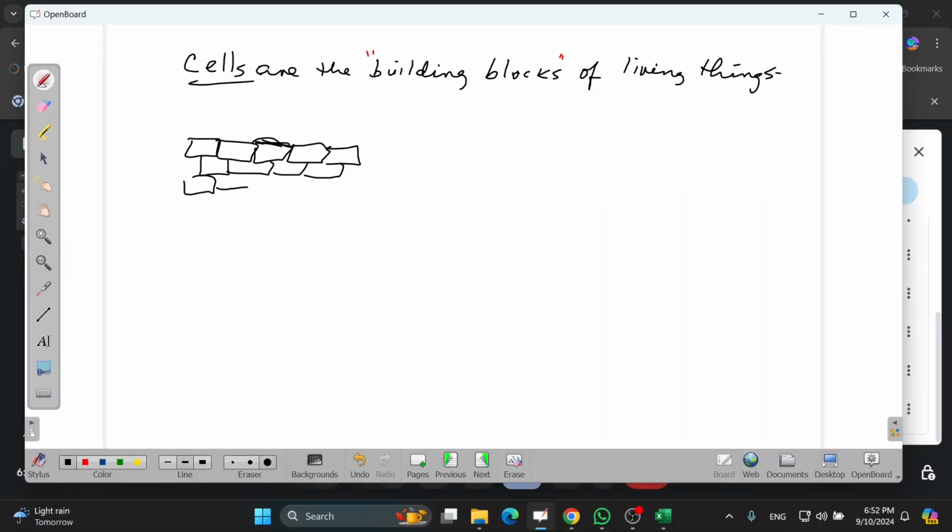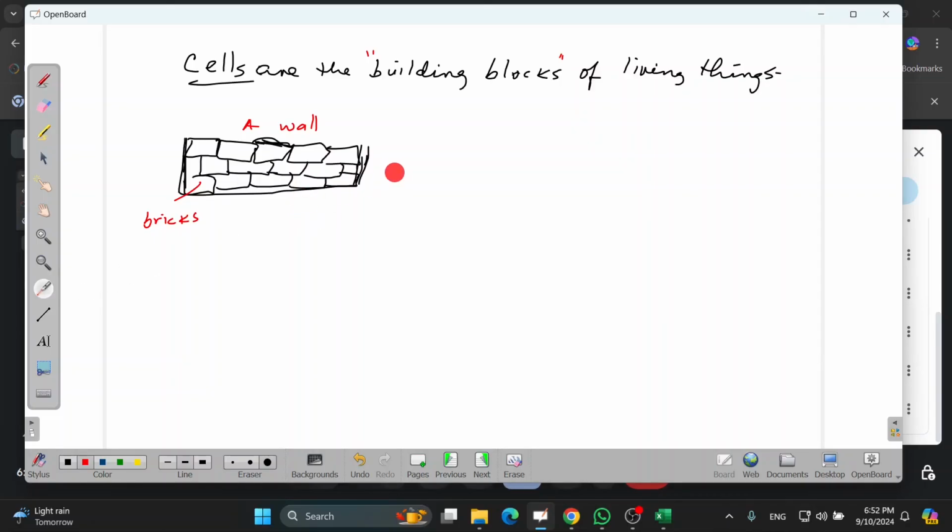And another one here, like that. And then eventually you will have a wall, right? So let's say these are bricks, and this is a wall.